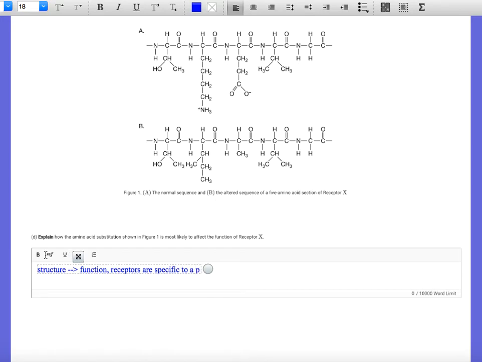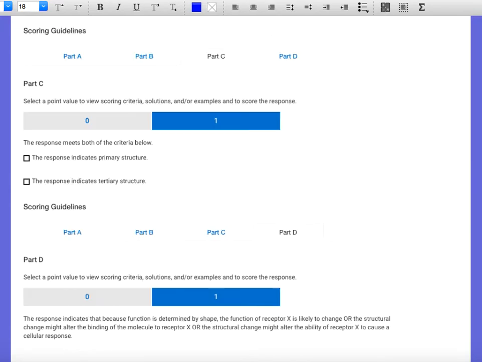And if you change the shape of the receptor, then that receptor is no longer going to be receptive to a particularly shaped molecule. All right, so again, primary structure, tertiary structure, and then function is determined by shape.